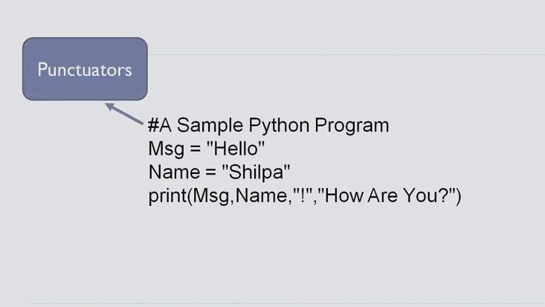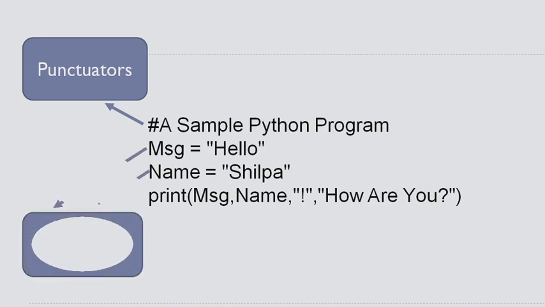First is hash. Basically it's a punctuator. Then we have msg and name. These two are words used to identify a memory location. They are the names given to memory locations and are known as identifiers.